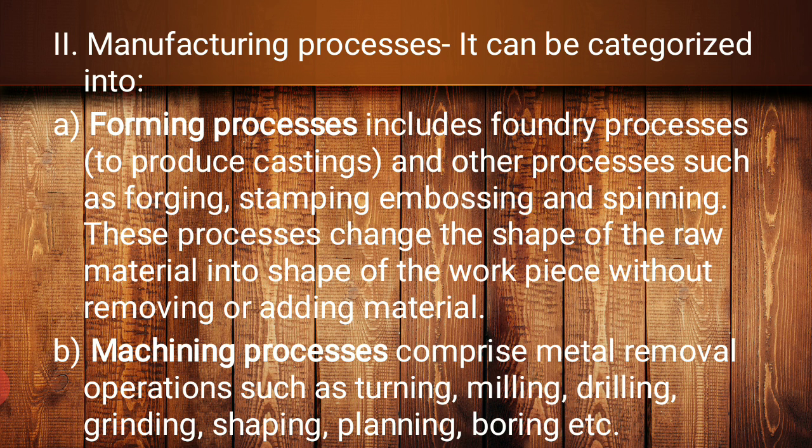Casting is nothing but they try to change the shape of the raw material into the workpiece, without removing or adding anything to the material. That means ultimately you are giving the shape to it, so that ultimately that shape can be used for any further processes. So that is what is known as manufacturing process category number 1, forming process, or what we commonly know as casting, right? Or the foundry industry.